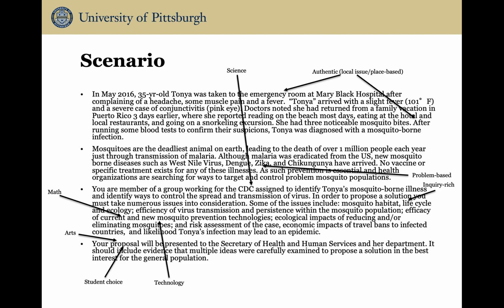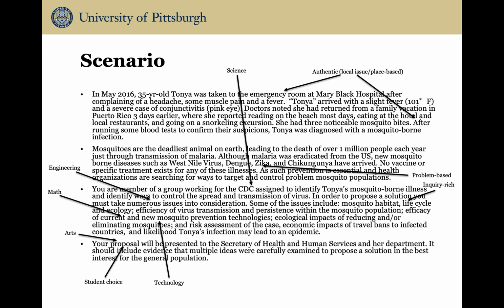It incorporated the arts in terms of designing the proposal, so thinking about the English language arts, also looking at the history of mosquitoes and how that has played a role in actually war times. So they did some lessons based around that as well. Engineering, so thinking about ways to control the spread and transmission of a virus.